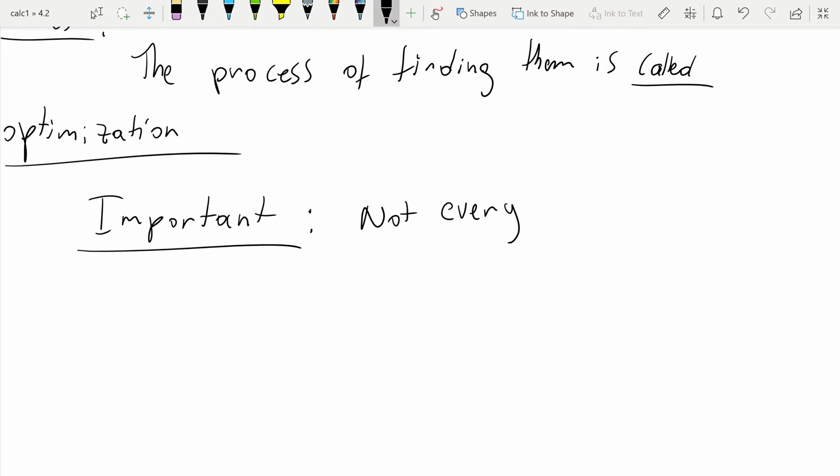Okay, so not every function, this is very important to note, has a max or min.